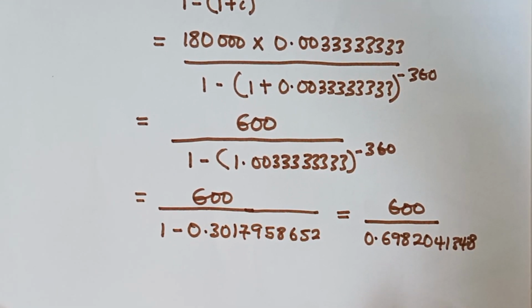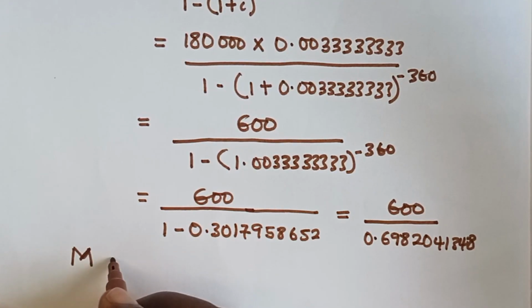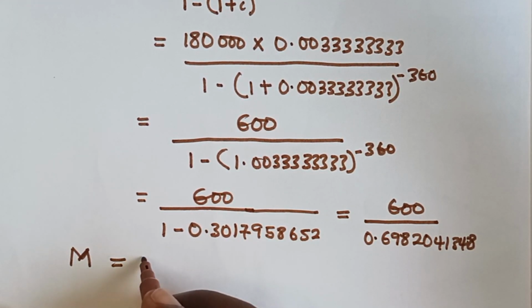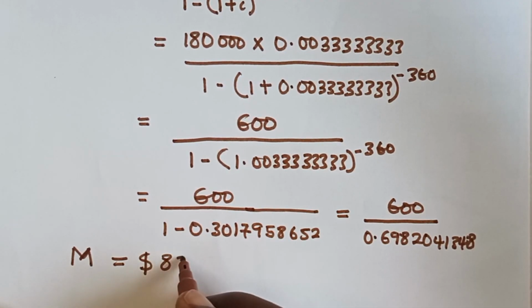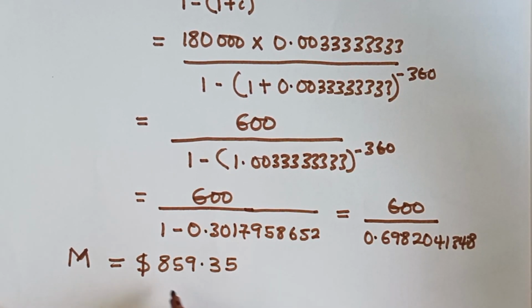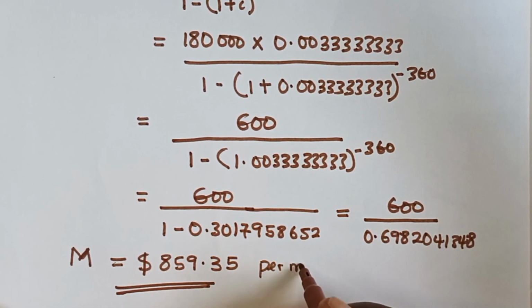Now our final answer, our monthly payment, is 600 divided by this, which gives us 859.35. So this is the amount you are going to pay monthly for the mortgage: $859.35 per month.